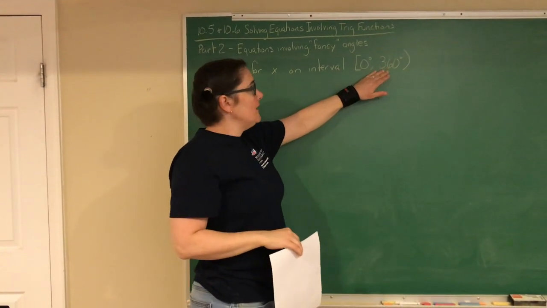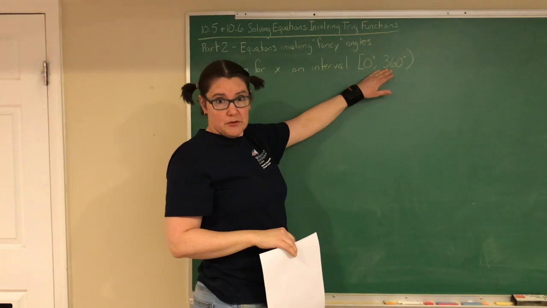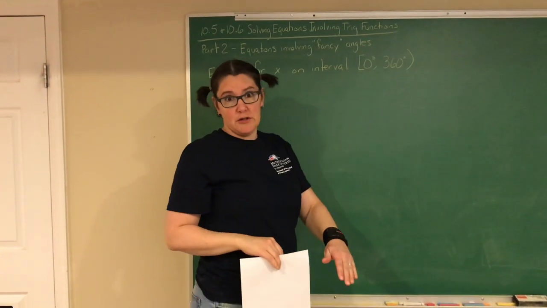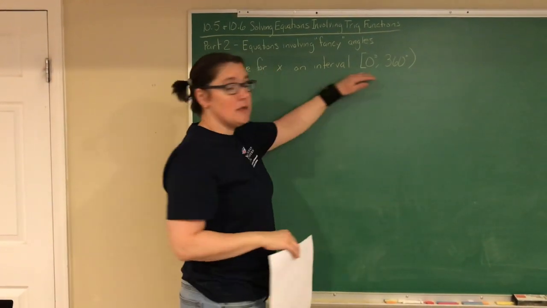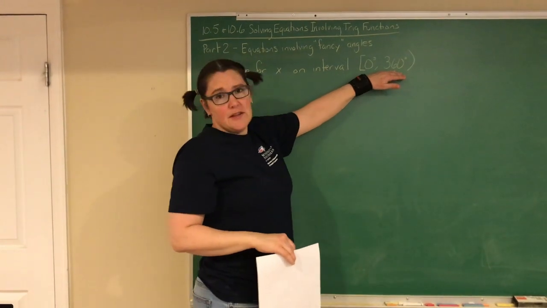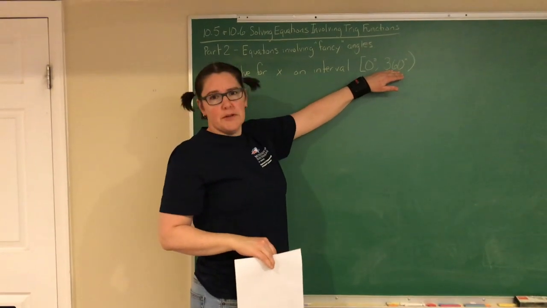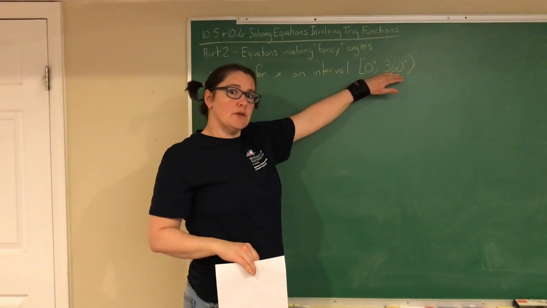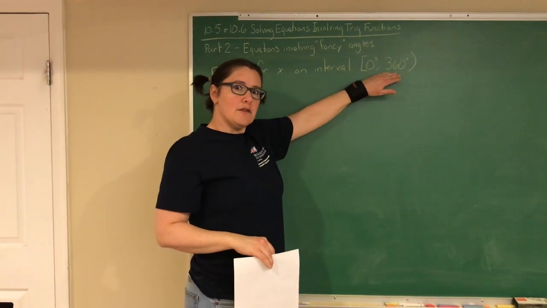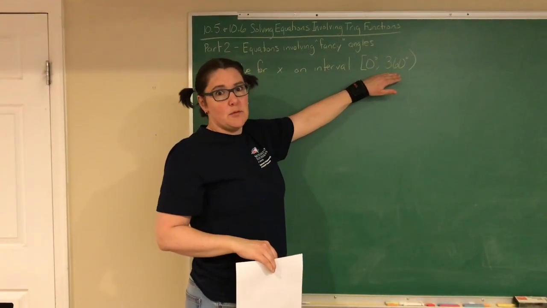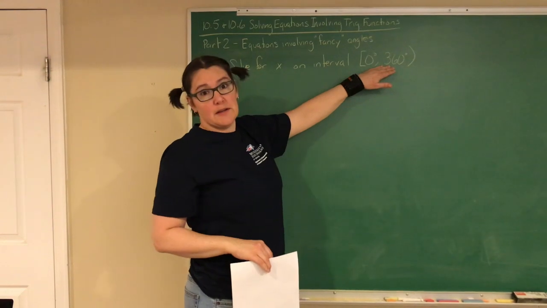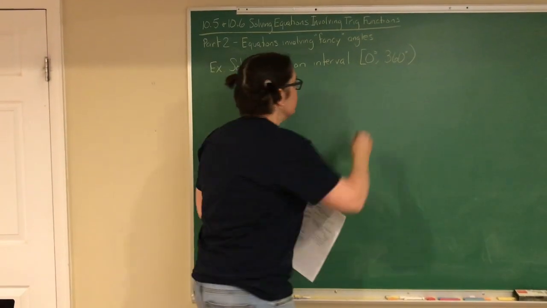As soon as I see that my interval is in terms of degrees, that means that my final answer should be in terms of degrees. Anytime you're reading one of these problems, it should tell you an interval that involves either degrees or radians, and whatever that interval is in, that's how you want your answer. So in this case, we want our answer to be in terms of degrees.